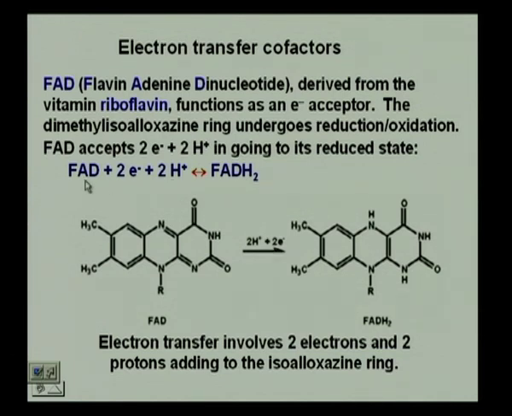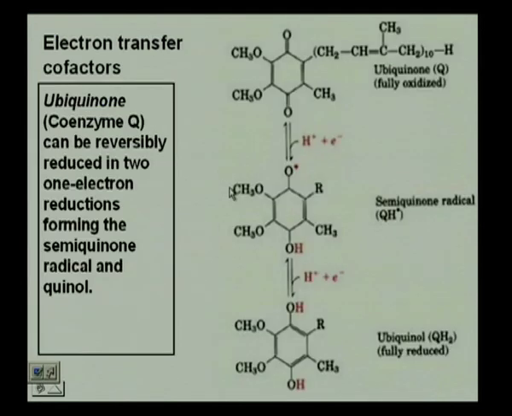So, there is no intermediate as such, but in coenzyme Q, this intermediate semiquinone is possible. Because of this semiquinone radical, it is possible for it to pick up a single electron and a single proton, which makes it more versatile in its use.